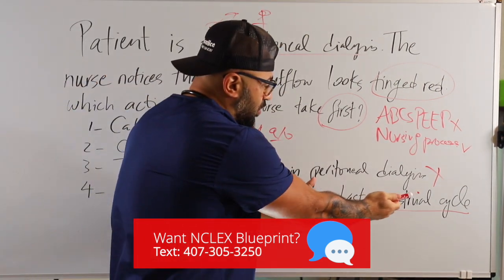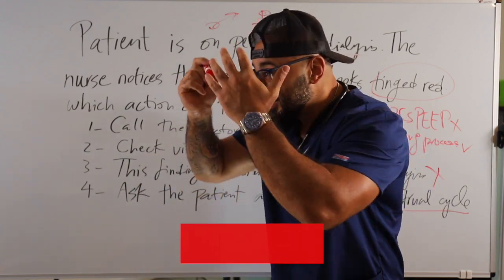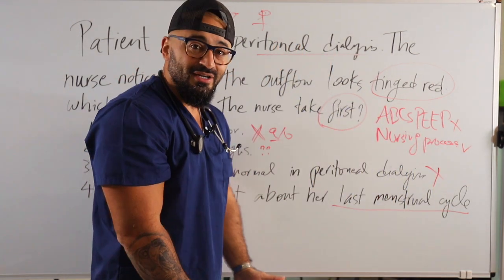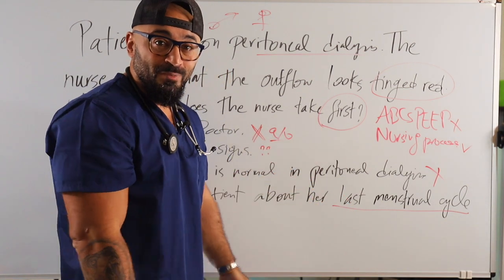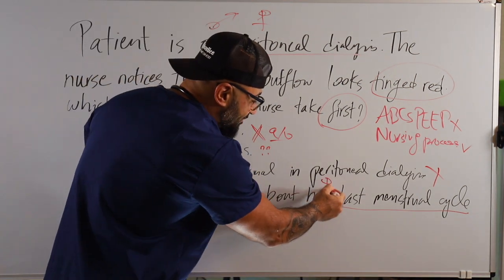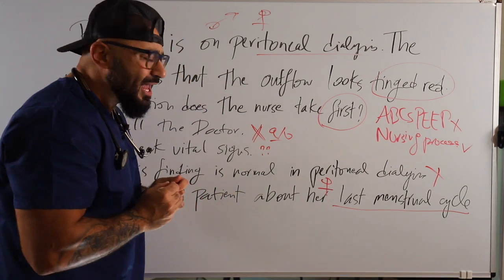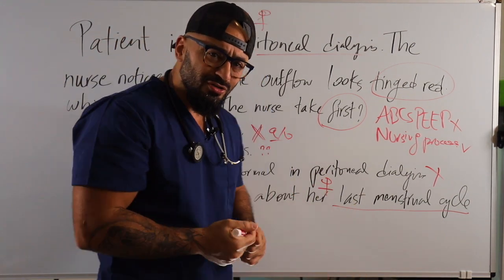How would I know? Come on, man. You think the NCLEX is not going to trick you into things? They would say, dude, assume this or that. Put the two options. So if you assume that the patient is a female and her last menstrual cycle, of course you're going to ask her, hey, are you during your menstrual cycle, right?